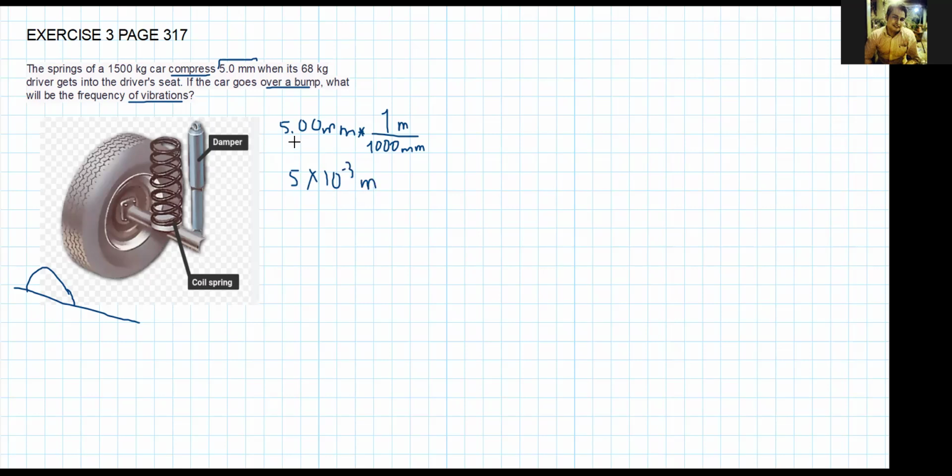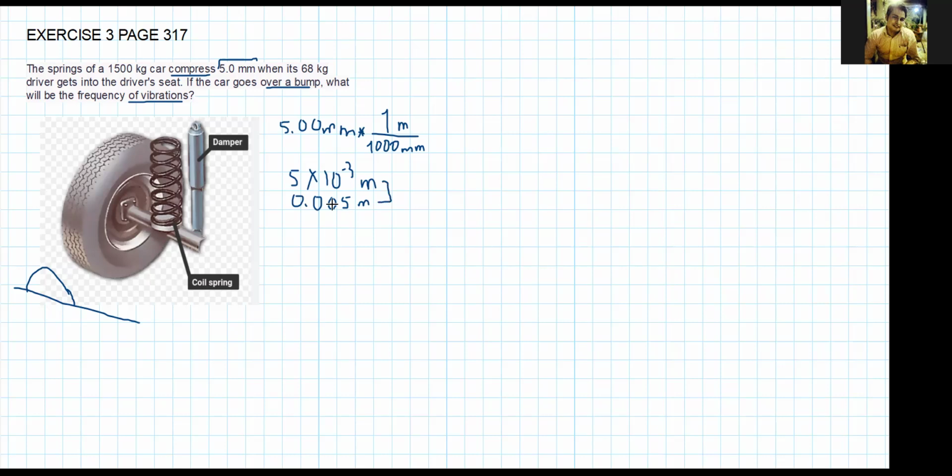Or just move the decimal point 3 places to the left. If you don't want the scientific notation, the answer of this division is equal to 0.005 meters. That is exactly the same, okay?